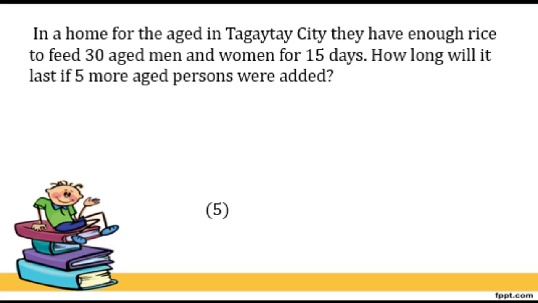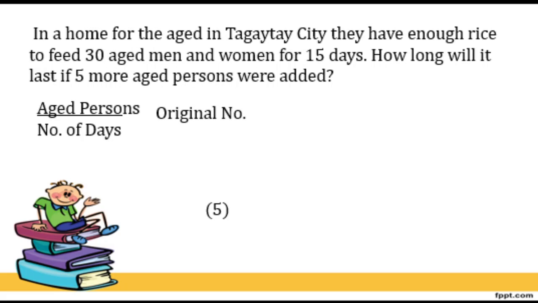So, of course, you have to get the number of aged persons and number of days. Original number over the new number, and the new number over the original. So that is the equation.